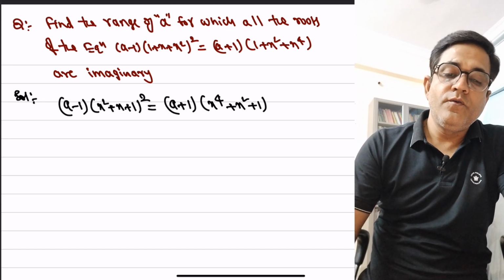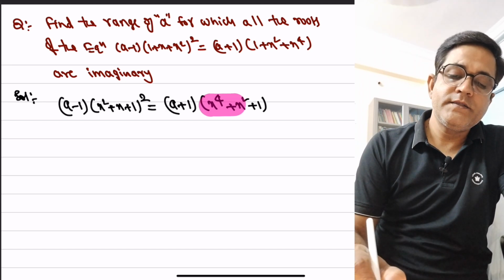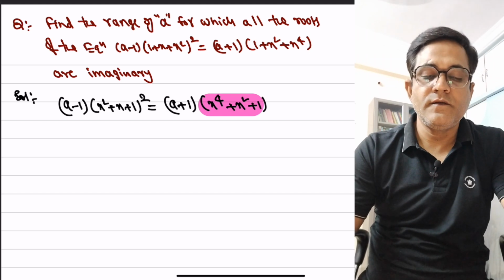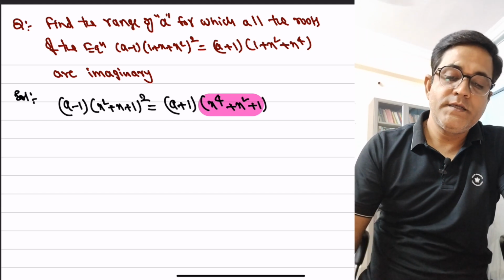Now we will factorize x⁴ + x² + 1. How to factorize it?